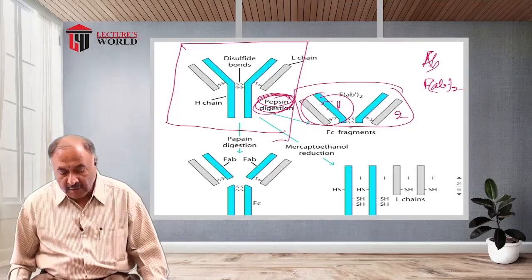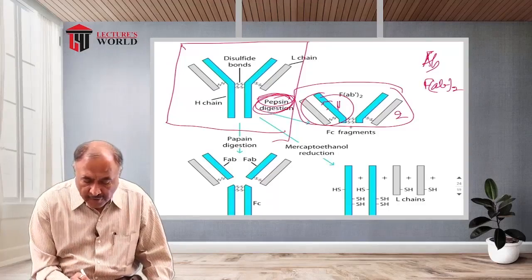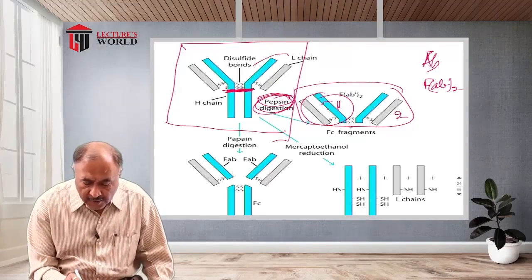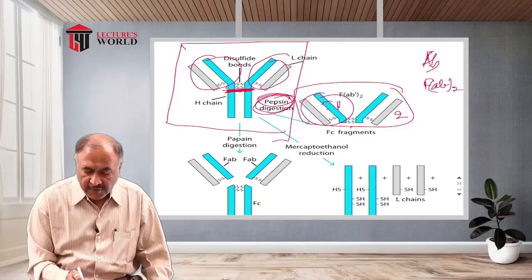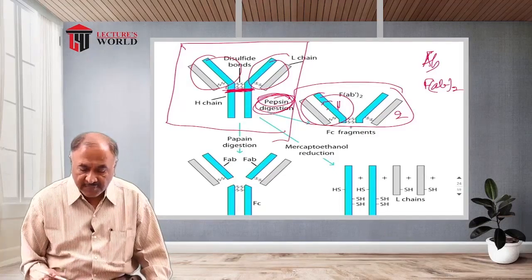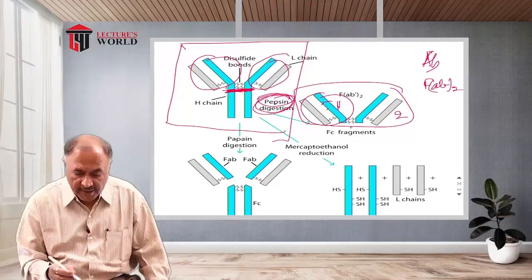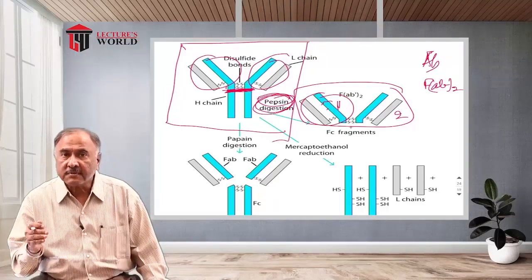Now why did they obtain it like this? Because the mode of action was somewhere here. Pepsin acted here, so these two fragments were obtained, and this one was completely digested. But with the help of another proteolytic enzyme, papain, the digestion was different.